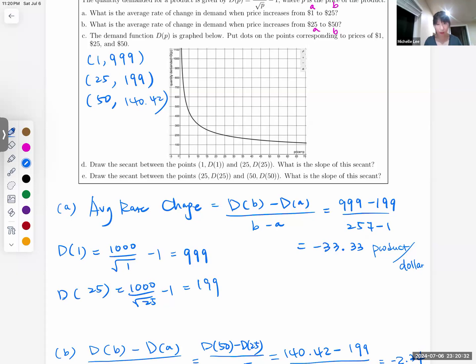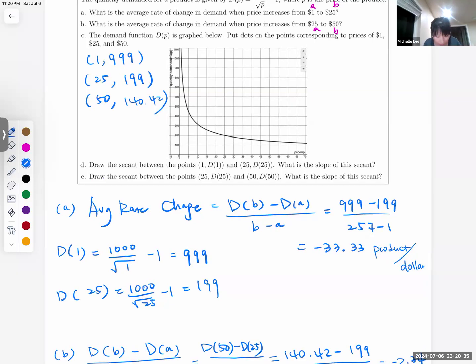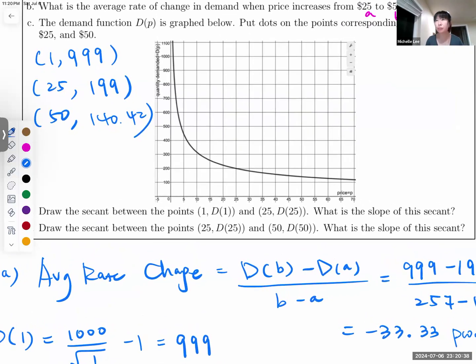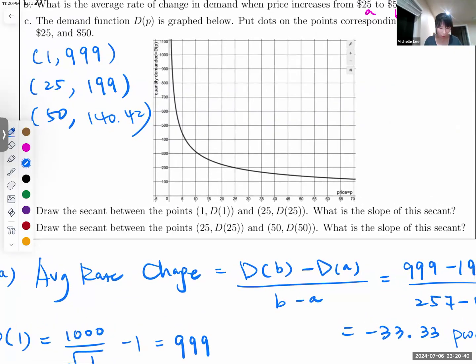Okay, let's plot. Let me see. 1 and 999 over here, and 25 and 199. It's about here. And 50 and 140.42. It's over here, right?